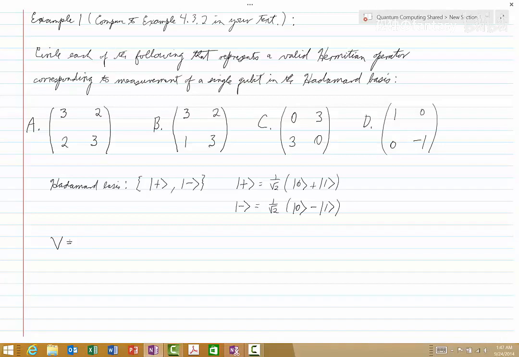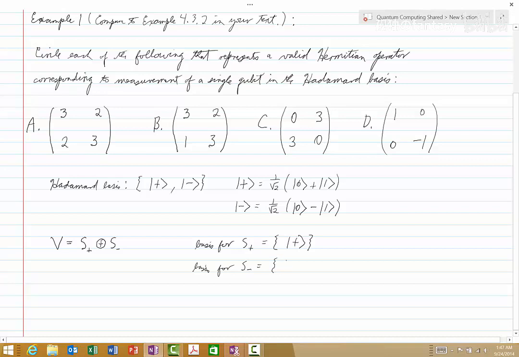And we're writing this as a direct sum of two subspaces, S plus and S minus, where the basis for S plus is the single vector plus, and the basis for S minus is the single vector minus.